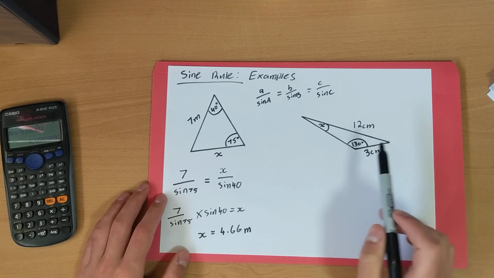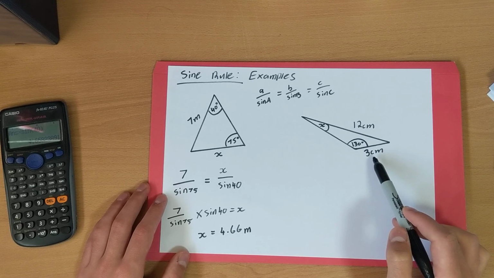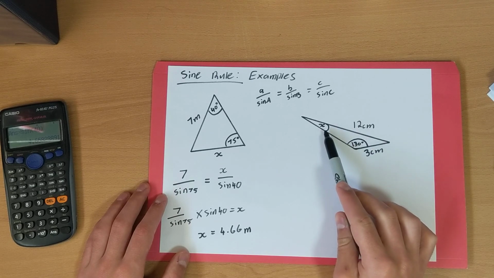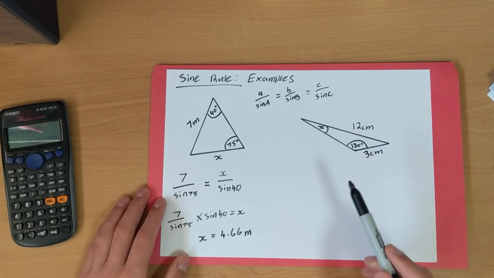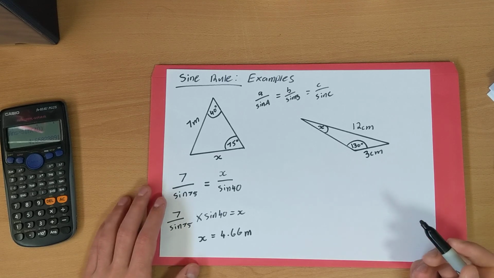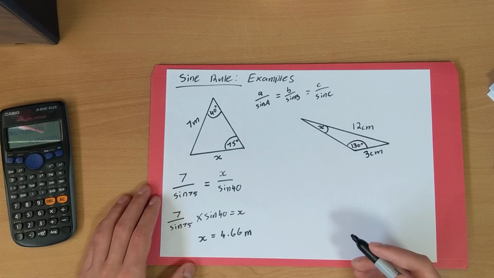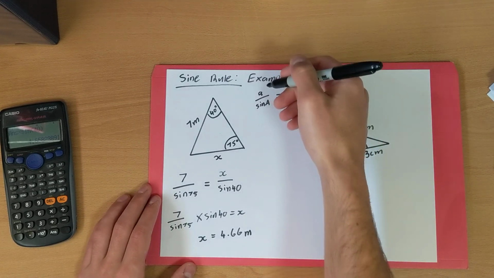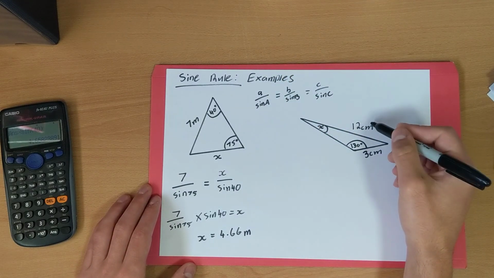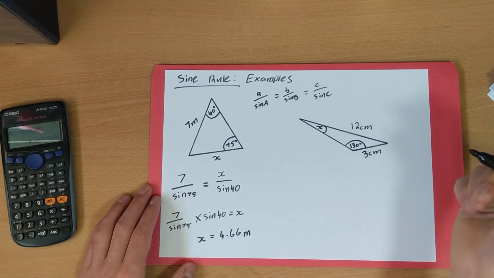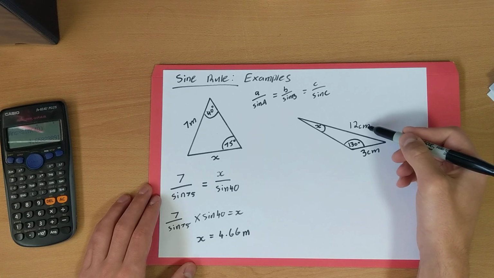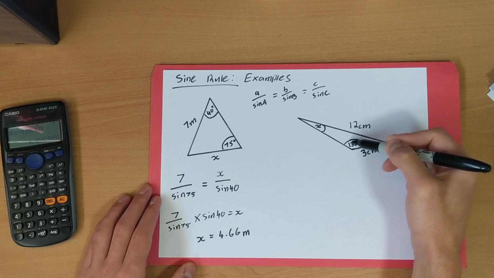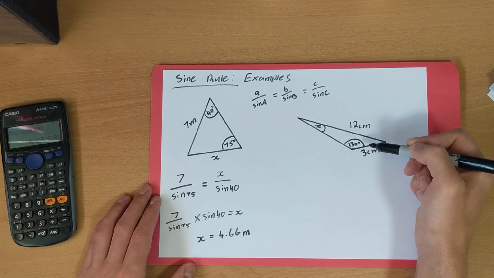Here I've got both my side lengths and I'm asked to find one of the angles. But we're going to apply the formula in exactly the same way. Let's start first with the ratio a over sine A using the side and the angle that I know both of them. So I've got 12 centimeters is the side length, opposite an angle of 130 degrees.